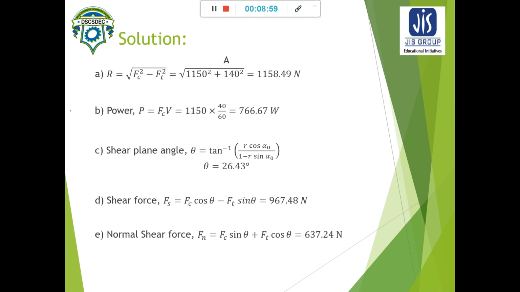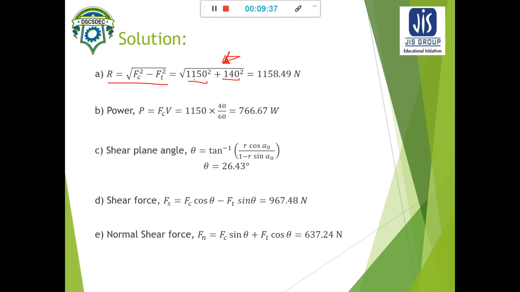So for our first part, the resultant is nothing but the square root of Fc squared plus Ft squared. We just put the value of Fc and Ft. So Fc is given by 1150 Newton, so 1150 squared, and Ft is 140, so 140 squared.